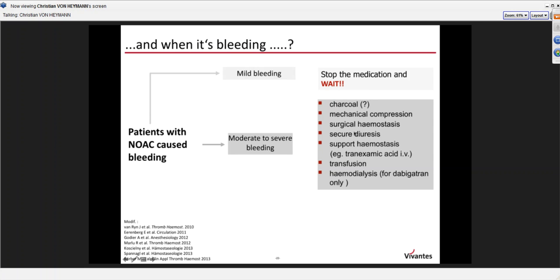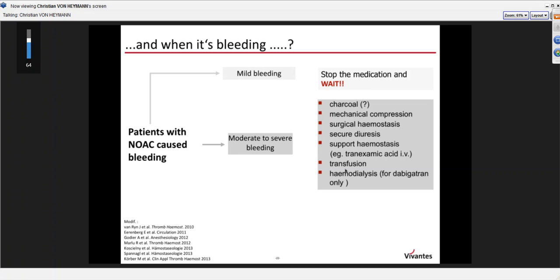Surgical hemostasis may be considered, support hemostasis, transfuse the patients to keep the hemoglobin and the oxygen transport stable, and especially hemodialysis may be an option in some patients, but only in some patients, to dialyze the dabigatran due to its low protein binding. It can be dialyzed.